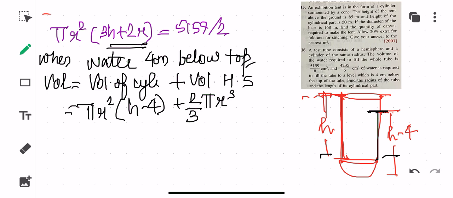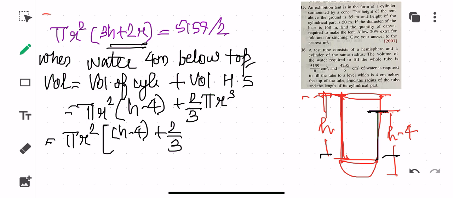Here you can take common pi r square, and in the brackets you will be getting h minus 4 plus 2 upon 3 r, and again we will take the LCM, and according to the question this is equal to 4235 upon 6.